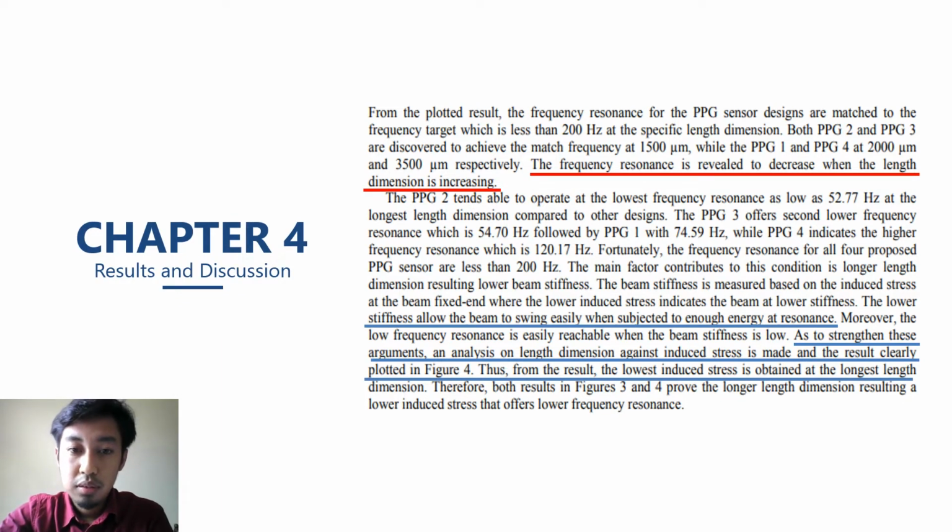Okay, so then we continue. From the plot result, the frequency resonance for the PPG sensor designs matched the frequency target, which is less than 200 Hz at specific length dimensions. So it is very clear, right? I want all of you to discuss like this, one by one.